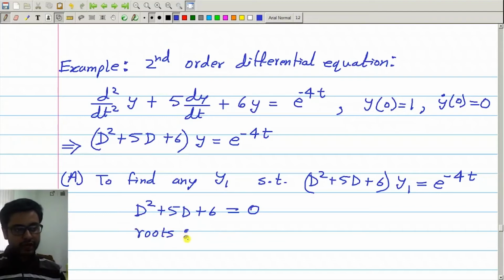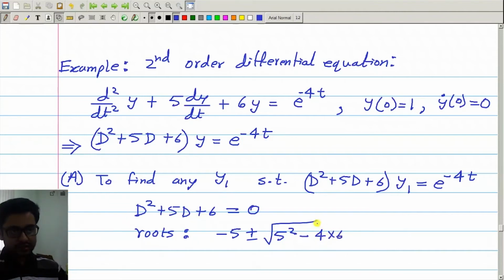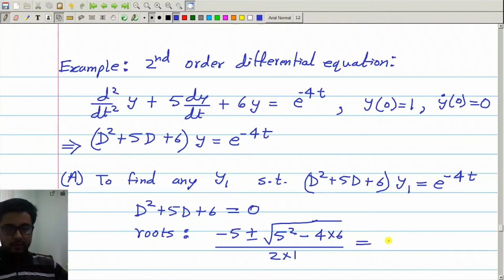The roots you can find using this rule, minus 5 plus minus root over 5 square minus 4 into 1 into 6, whole divided by 2 into 1, and you shall get minus 2 and minus 3 are the roots.